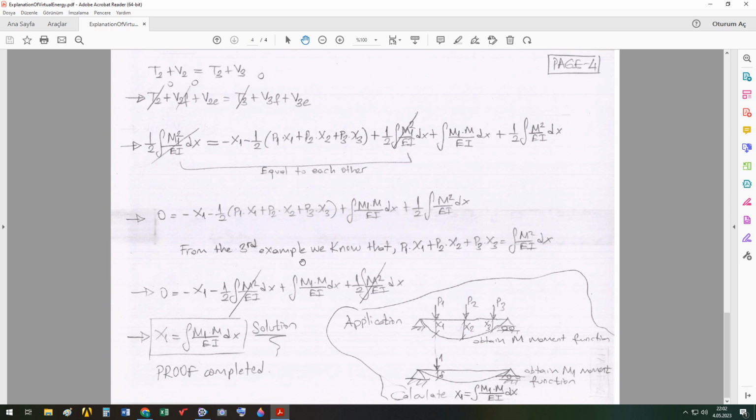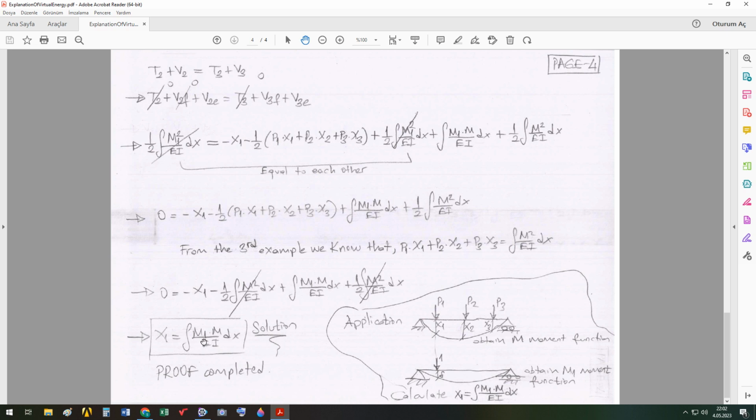From the third example, we know that this value equals to that value. And if I replace, instead of this value, I have this equation. And since here there is minus and here there is positive, but their absolute values are equal, these two values are also removed from our equation. And finally, I have obtained the value of x1 displacement.